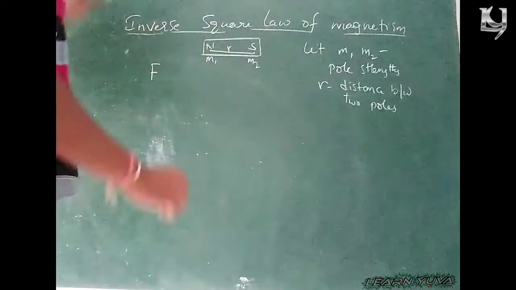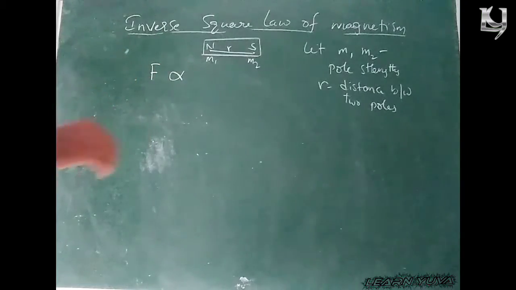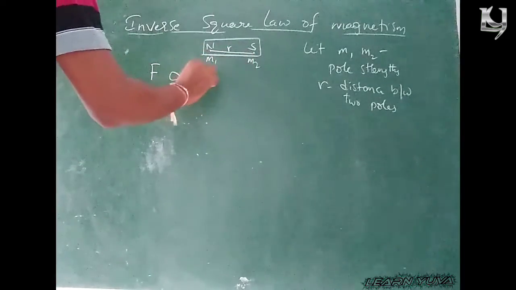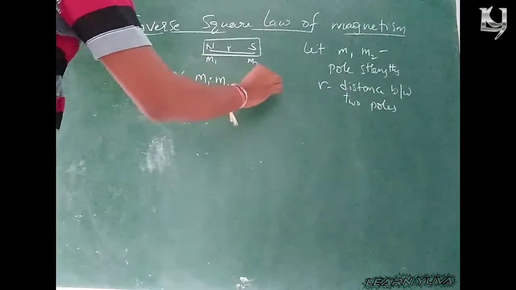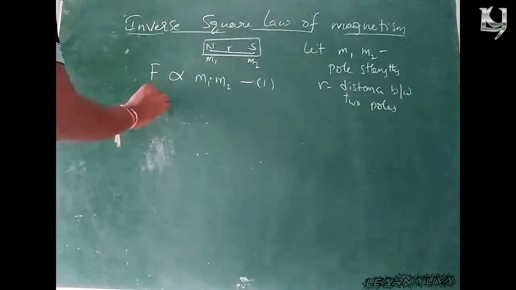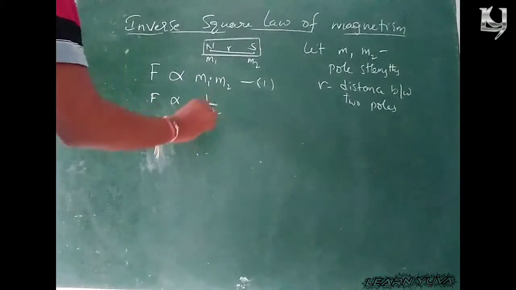The force of attraction or repulsion is directly proportional to the product of their pole strengths, M1 into M2, and inversely proportional to the square of the distance between them, R square.